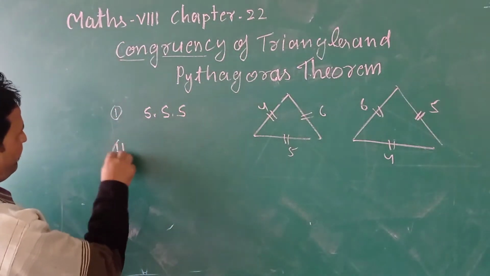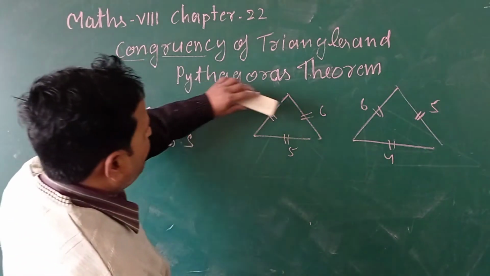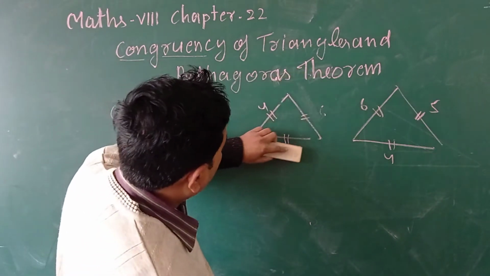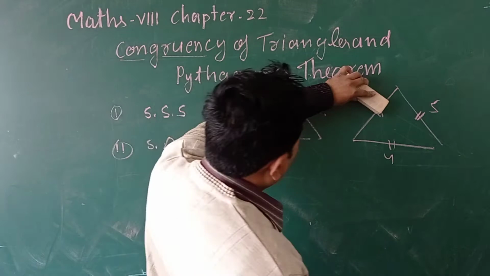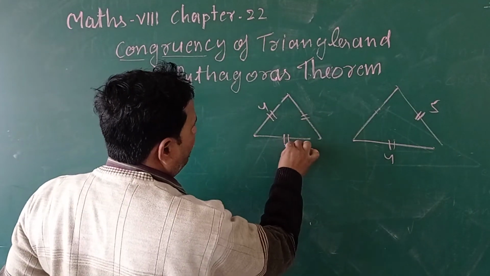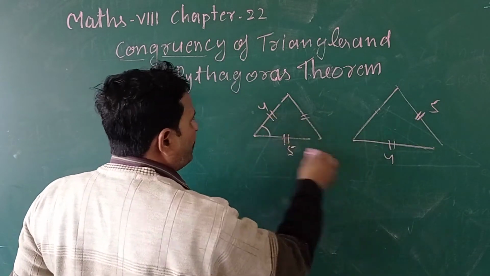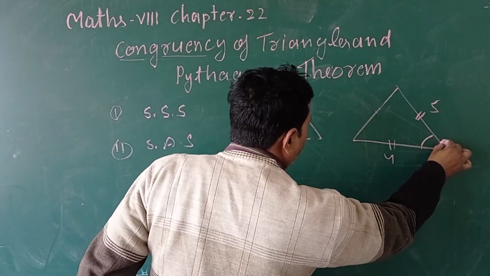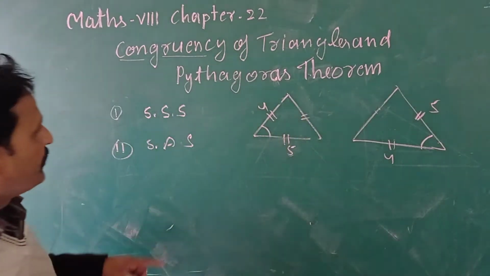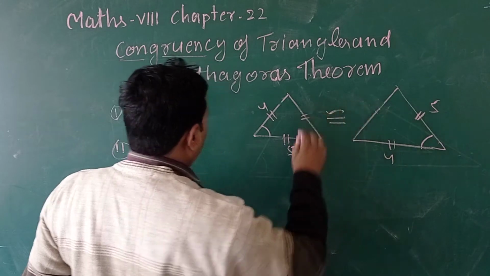Second condition, side angle side. If two sides of a triangle are equal, suppose 4, 5, and the angle between both is also equal, then the triangles are said to be congruent by side angle side.